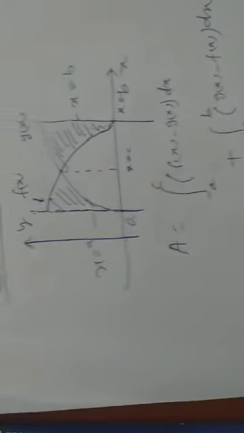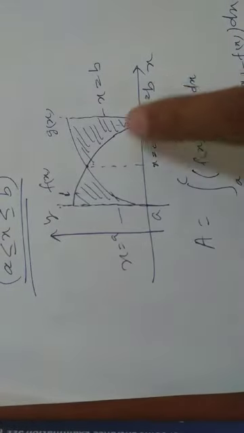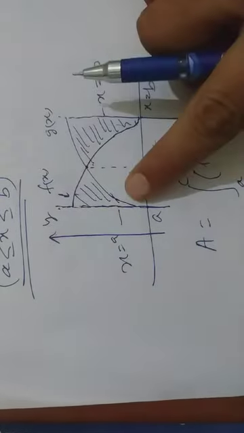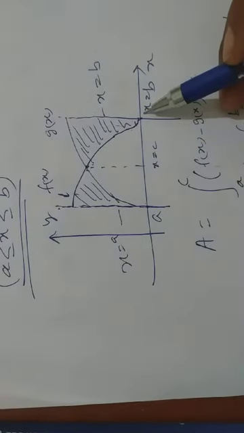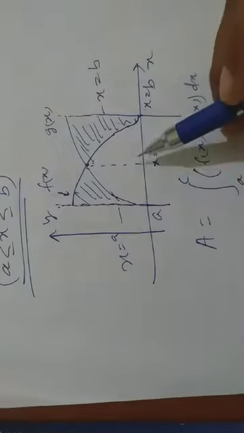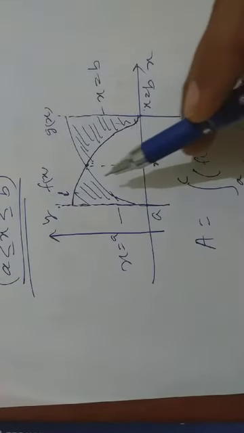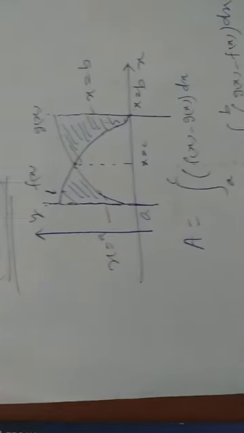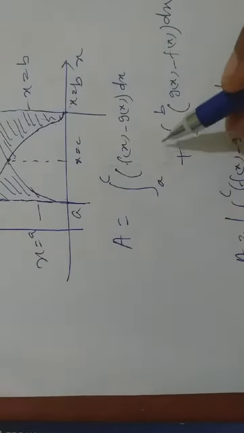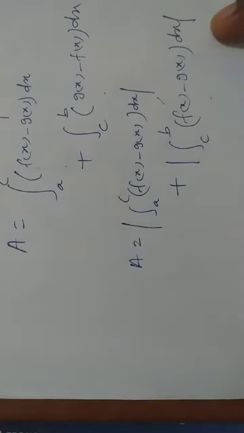So in this case, when f(x) and g(x) intersect at point c, where c is between a to b, the area bounded by curve y equal to f(x), y equal to g(x), x equal to a and x equal to b will be this plus this, or we can write this expression plus this expression.